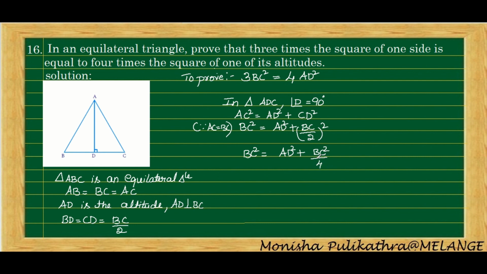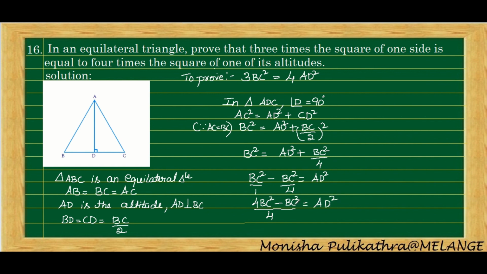Next I will shift this to this side. So BC square minus BC square by 4 is equal to AD square. Next, if I take LCM, 1 4s are 4, 4 into BC square is 4 BC square, minus 4 1s are 4, 1 into BC square is BC square itself, is equal to AD square.